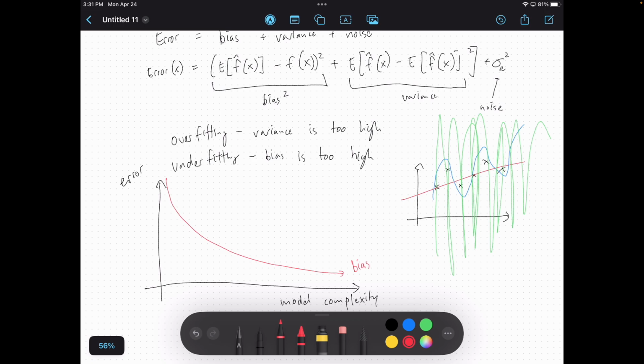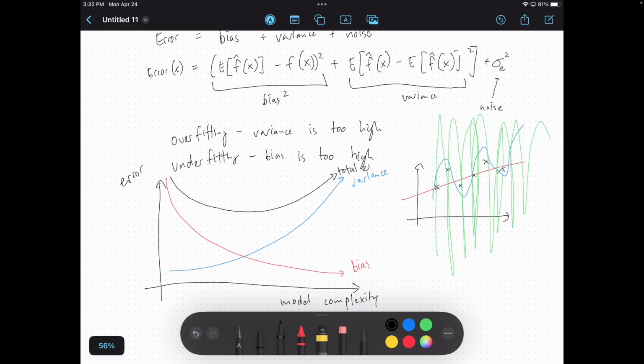However, I have a variance term which will be increasing, and this is leading to overfitting. And what that means is that if the error is the sum of my bias and my variance, then we'll have an error term that looks something like this.